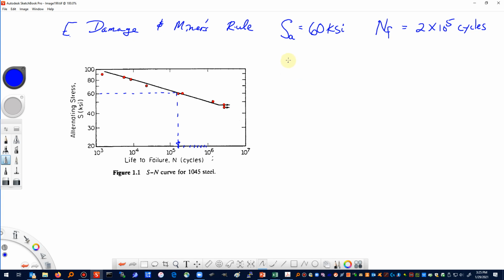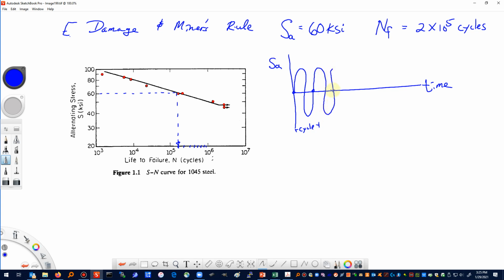So let's talk about what might have happened during this fatigue test. I'm going to make a plot of the stress amplitude versus time. So we started it up. There's a cycle. And nothing happened, it didn't break. There's another cycle. And another cycle.